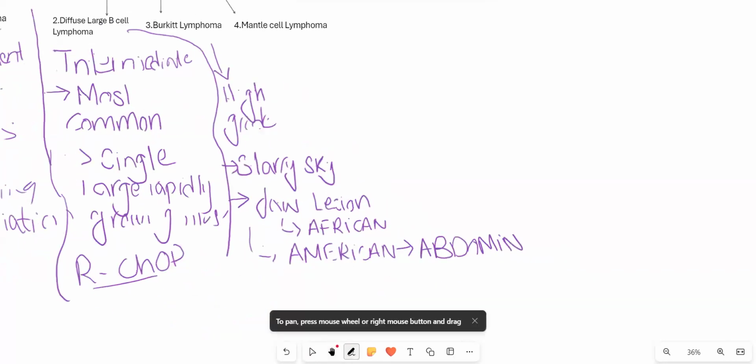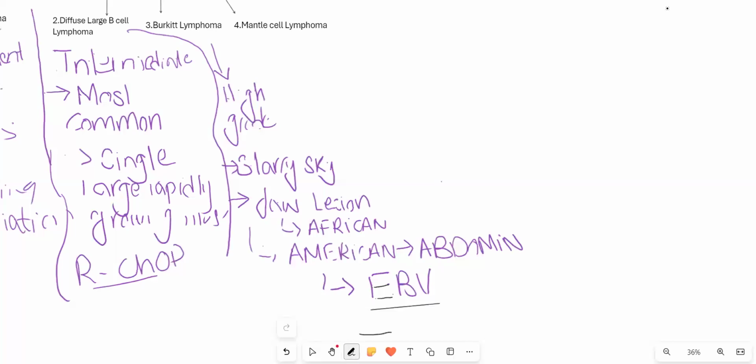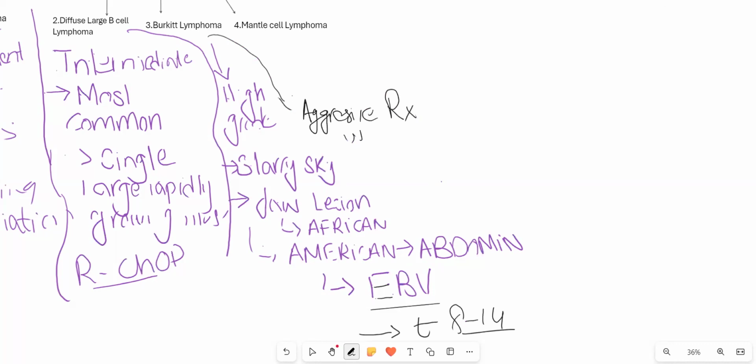The translocation in this Burkitt lymphoma is t(8;14), and it needs aggressive treatment with chemotherapy.